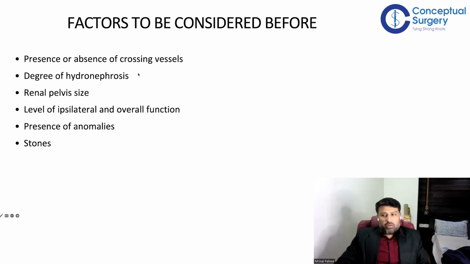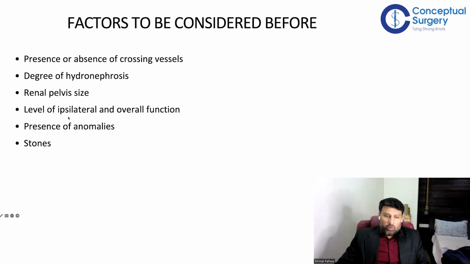I mean, what is the degree of hydronephrosis present in the affected kidney? What is the pelvic size? Whether it's very box shaped or whether it's very huge or redundant, and what position is it? Whether it's intrarenal or extrarenal. So we have to look for all this in the imaging studies.